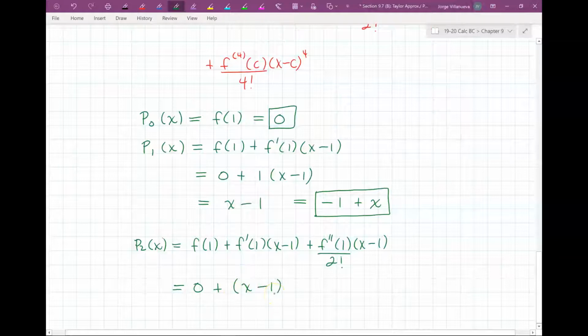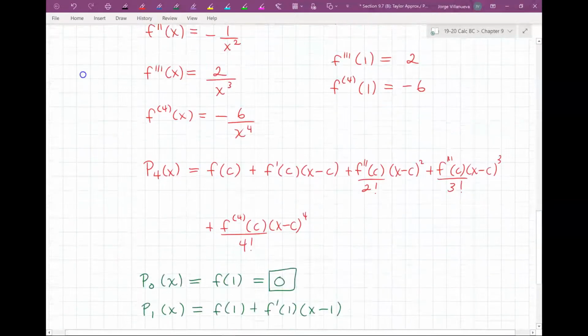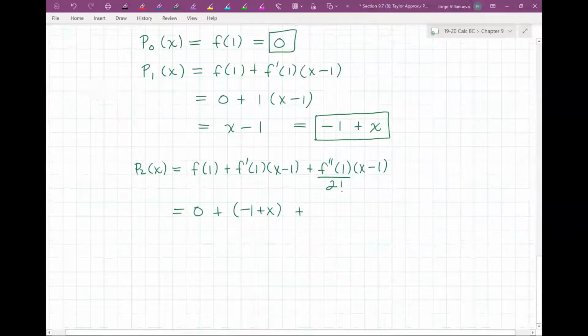We found that earlier, from the previous answer. Or actually, if you want, you can write it in the correct order now. Negative 1 plus x. And now I just got to do f double prime of 1. So f double prime of 1 was what? Negative 1, yeah. So I'm going to put negative 1 over 2 times x minus 1.